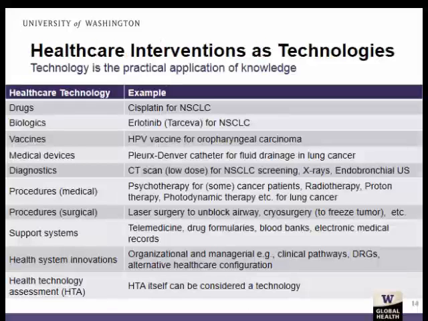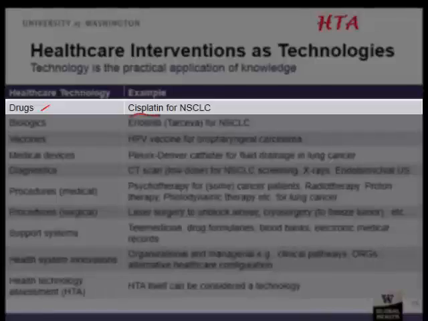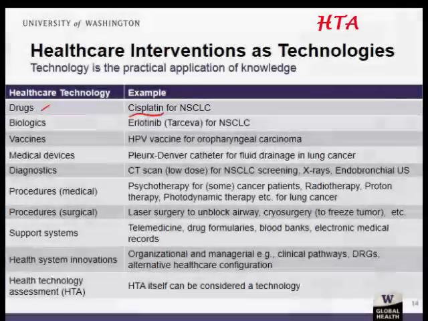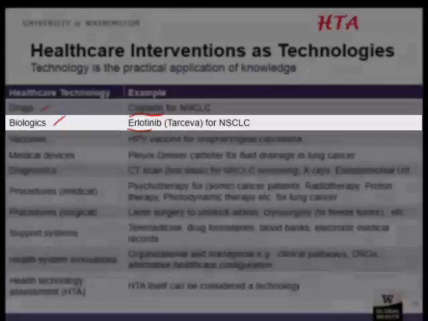So finally, let's look at healthcare interventions as technologies, and this field is called health technology assessment. And you can have different kinds of healthcare technologies like drugs, maybe cisplatin, which is a chemotherapeutic drug for lung cancer, or biologics, like erlotinib, which is a drug for non-small cell lung cancer.